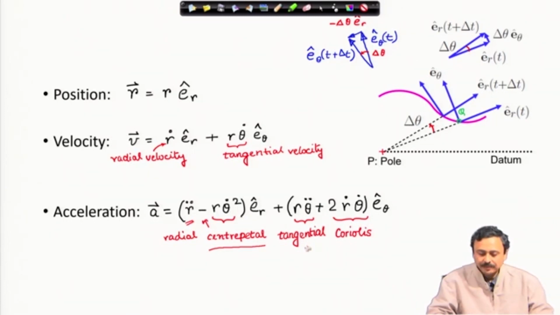and we have as the coefficient of E theta cap the tangential acceleration and the Coriolis acceleration. The tangential acceleration is perpendicular to the radial line, and the Coriolis acceleration is also perpendicular to the radial line because it is along the E theta cap direction, but this has a different name, Coriolis acceleration.